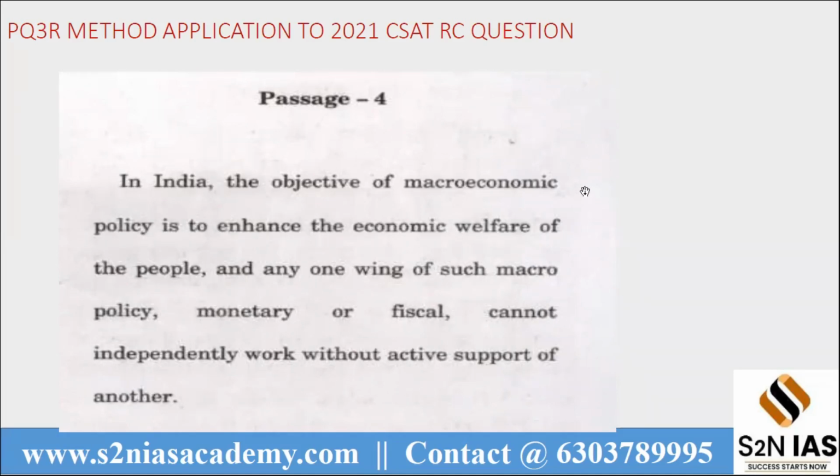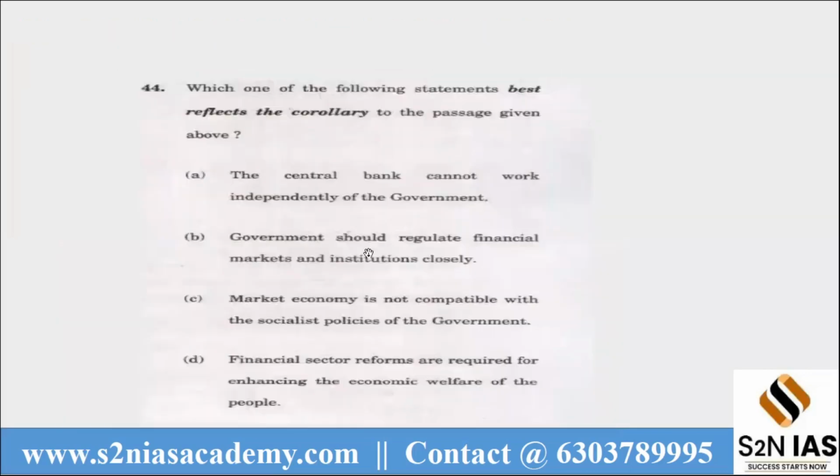The second letter of the PQ3R method is Q, that is questions. Going to the questioning factor, it is discussing the relevance of macroeconomics in the policy making of India. Which of the following is discussing the corollary of the main idea of the passage?